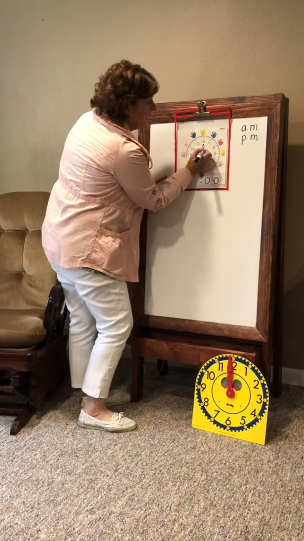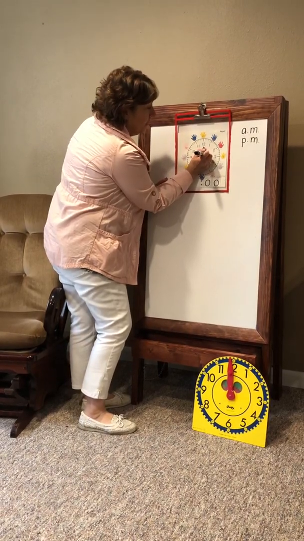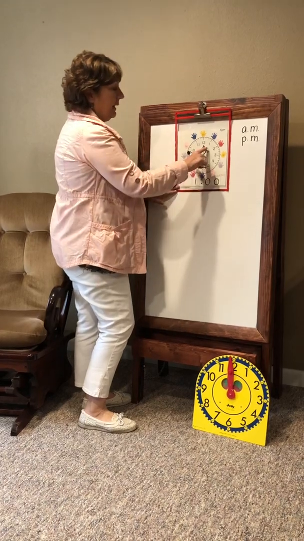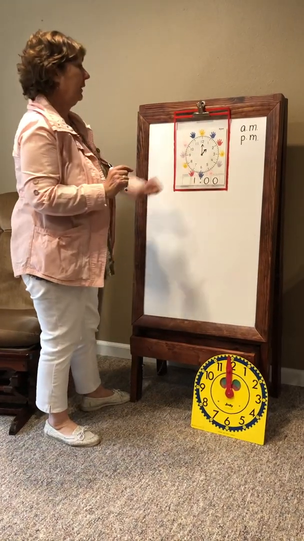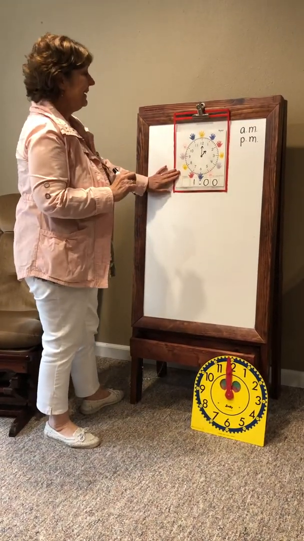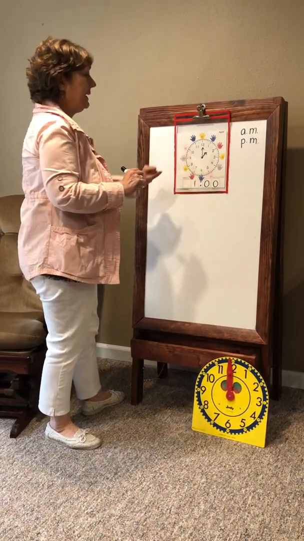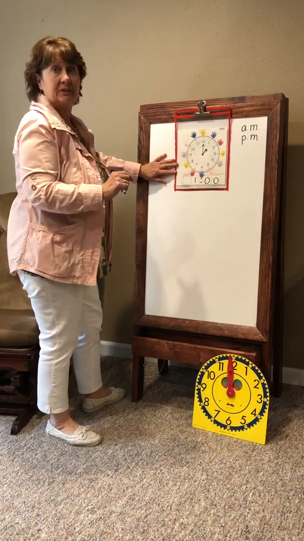So let's start with 1 o'clock. The 1 would go right here, and that shows 1 o'clock. All right? If we're talking about 1 p.m., that would be in the afternoon.